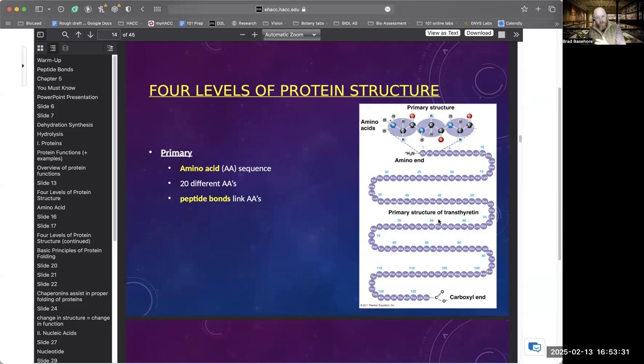So there's just 20 different letters, and you can think of it as like spelling a word with a 20-letter alphabet. This particular chain of amino acids, you can see it's numbered. So it's 127 amino acids long, which is actually a pretty small protein. So some of these chains can be really, really long.